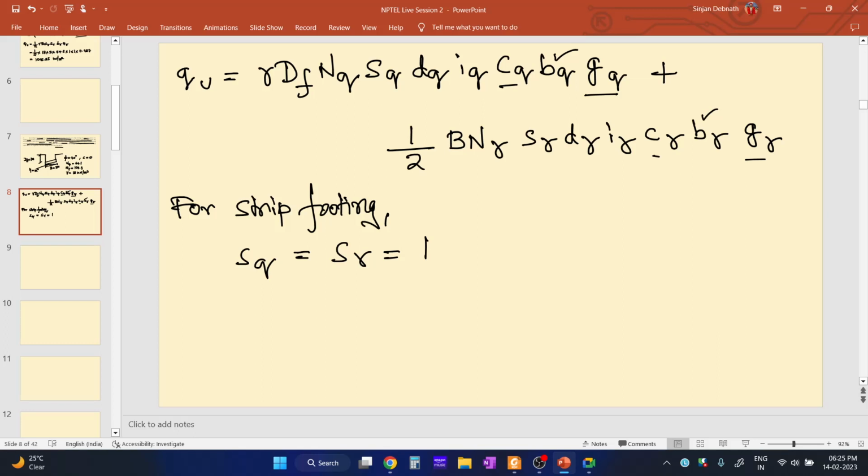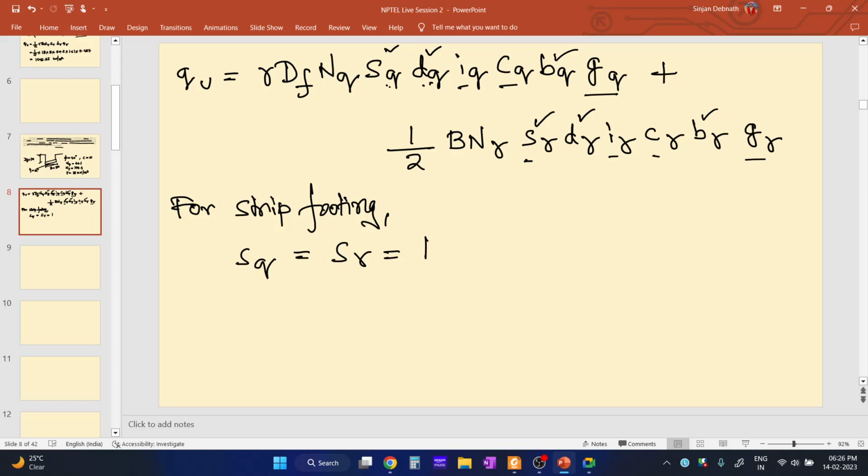So that means the inclination factor will also not be there because the load is not inclined. So now we need to find out only sq, dq, and bq. Only three factors are needed: sq, dq, bq for the second term, and for the third term, s gamma, d gamma, and b gamma. Okay. So sq and s gamma is equal to 1 for the strip footing.